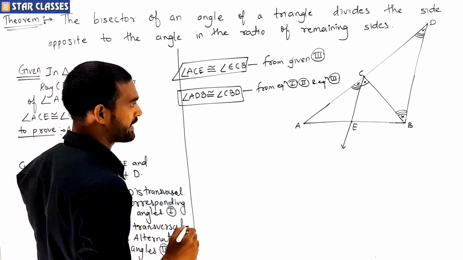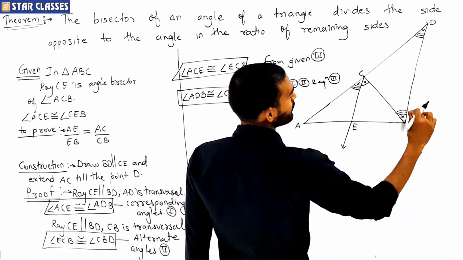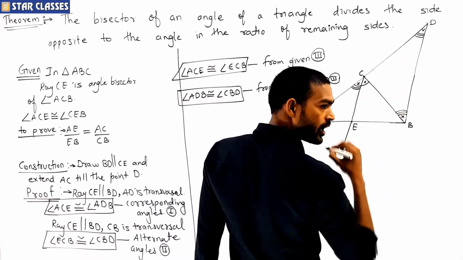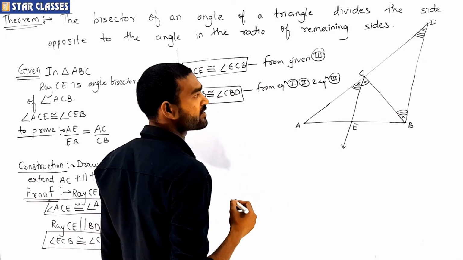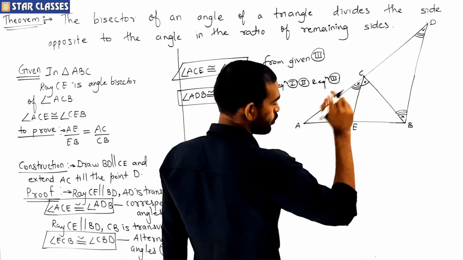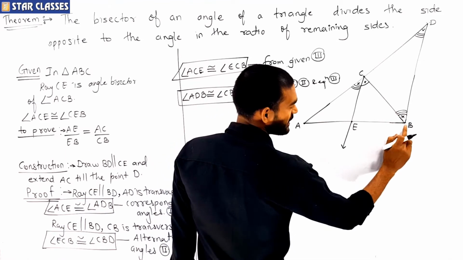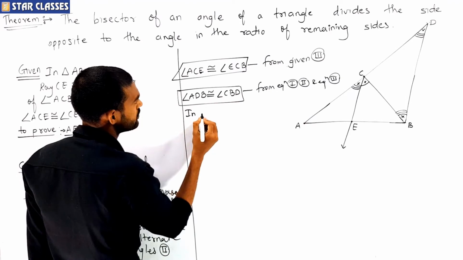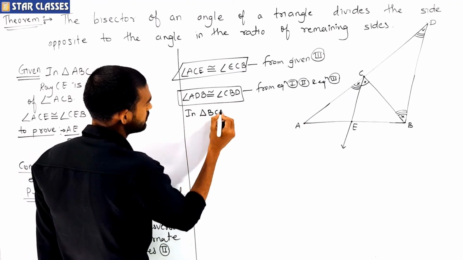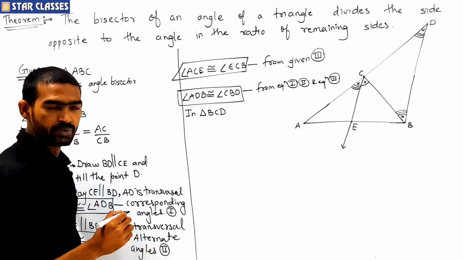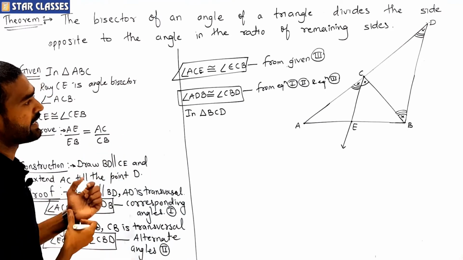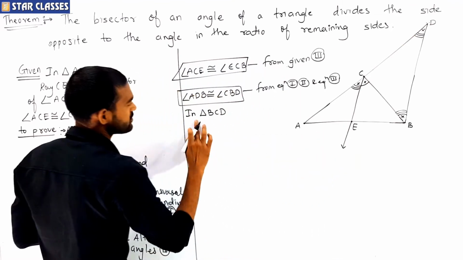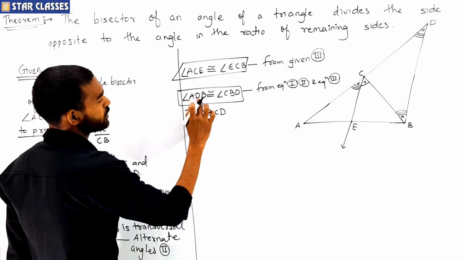In this triangle, what we can see is that if two angles are congruent, their opposite sides are also congruent. Now we'll select this triangle. In triangle BCD, what do we know?